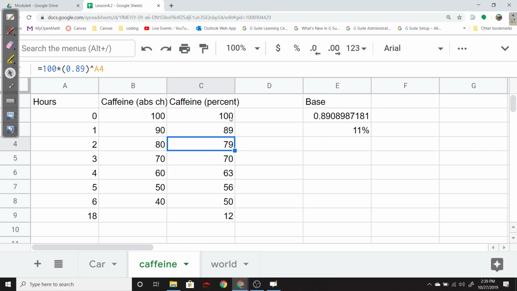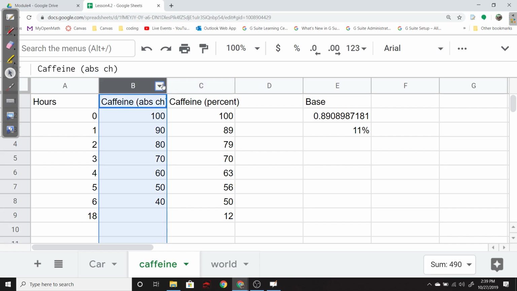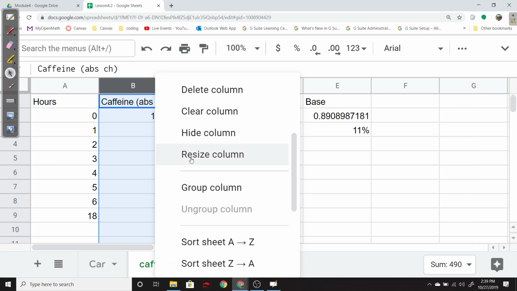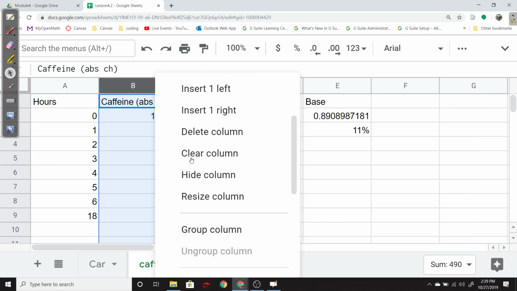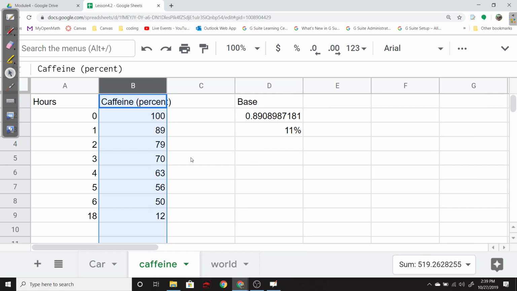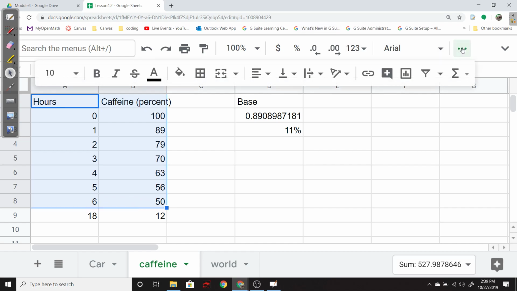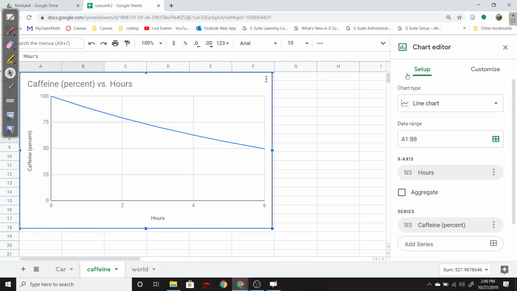So notice the percent decrease is different than the linear decrease. There's a curve going on to it. So I'm going to eliminate this column just to take a quick look at the graph. Delete column. Thank you. All right, so I'm going to skip the 18, just do up through 6. Insert chart. Zoom out.